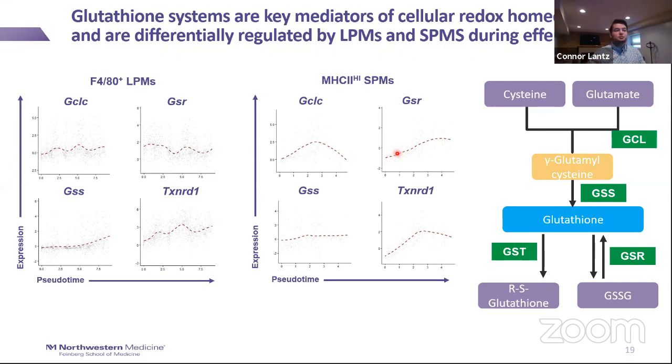What this suggests to me is that at steady state, these small peritoneal macrophages were already metabolically active and therefore probably producing more reactive oxygen species than their large peritoneal macrophage counterparts. So when exposed to the stimulus of an apoptotic cell, which increases reactive oxygen species further, they have to quickly find a counterbalance through glutathione to mediate cellular redox homeostasis.